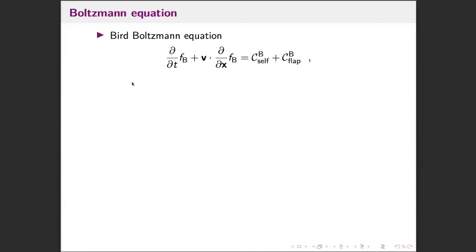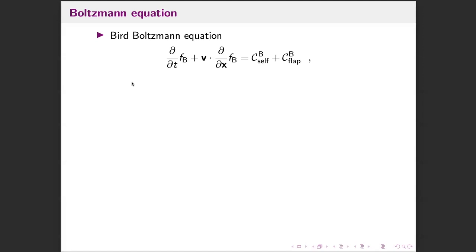So what does this kinetic theory look like? This is my Boltzmann equation for the birds, which has 2 collision integrals. One is self, so that's just birds colliding with themselves. That will give rise to the alignment effects that we also study in the Vicsek model. And then flap, that means you interact with the environment, with the air.